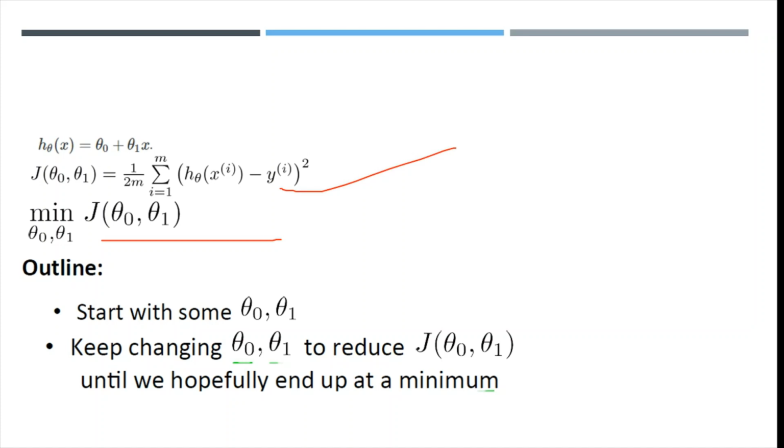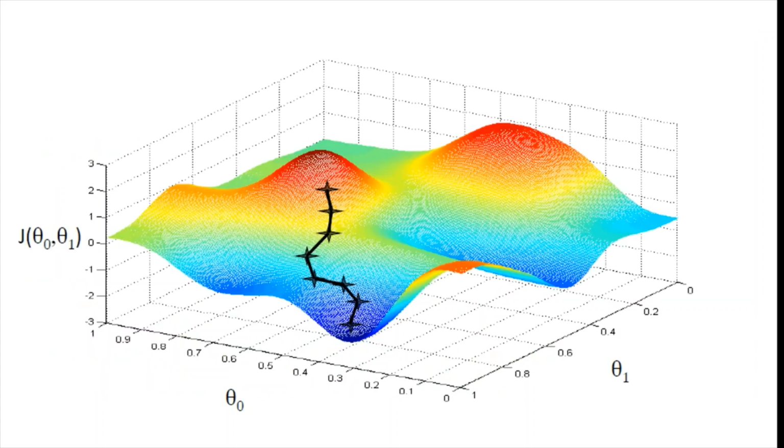So start with some theta naught and theta 1 and keep changing the values of theta naught and theta 1 to reduce J of theta naught, theta 1 until we hopefully end up at the minimum. Here theta naught and theta 1 are just the parameters; it just symbolizes that I am using two parameters. This is the 3D visualization of the cost function over theta.